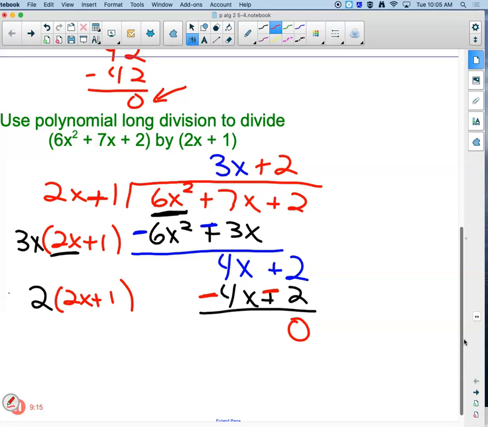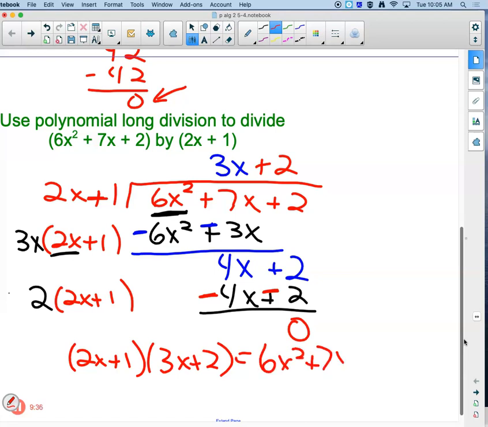And a nice side effect is now I know how to factor 6x squared plus 7x plus 2. Because this times this has to equal that dividend. So 2x plus 1 times the quantity 3x plus 2 equals 6x squared plus 7x plus 2.